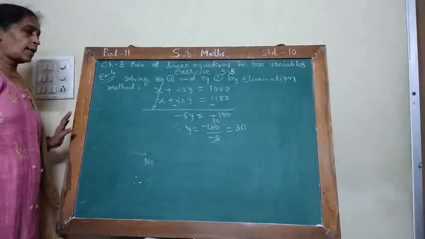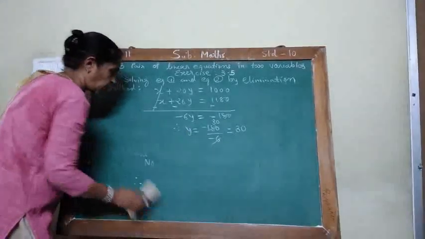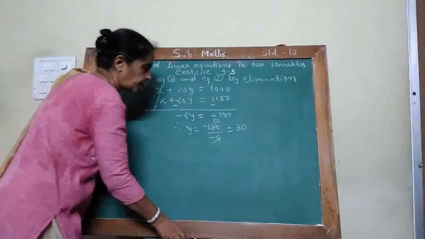So the charge per day for food is 30 rupees, because I have assumed y for the charge for food per day.